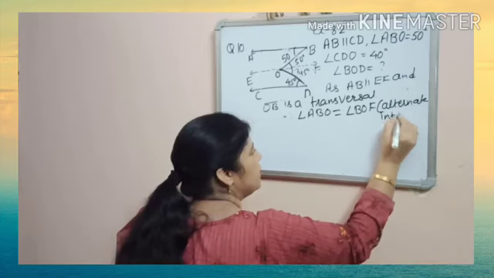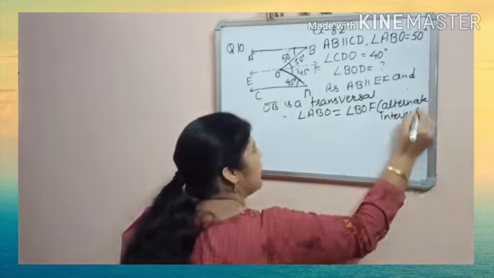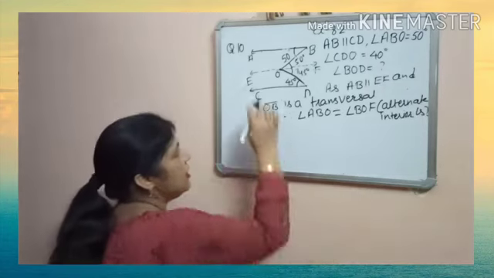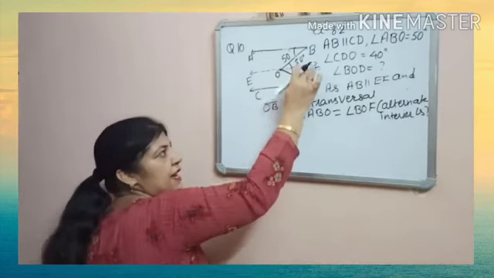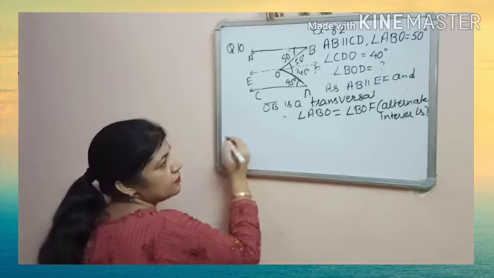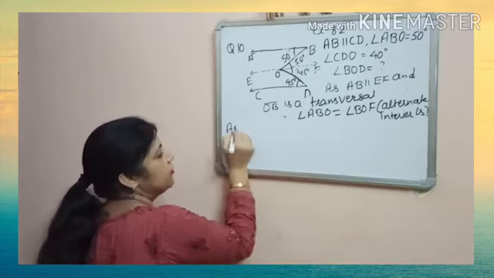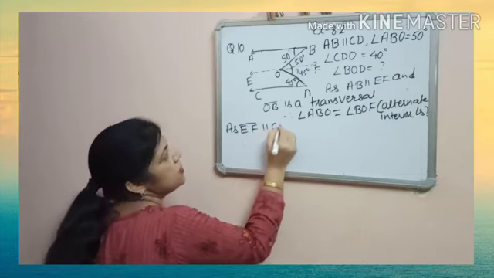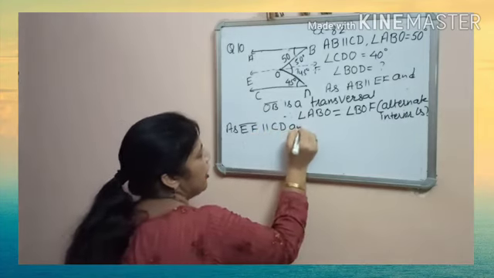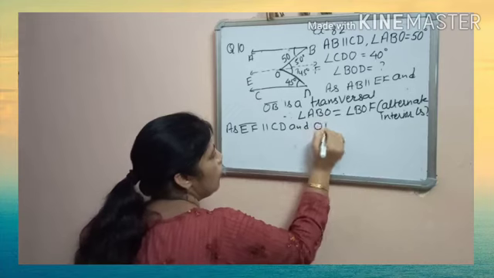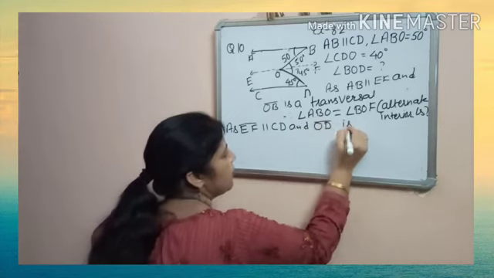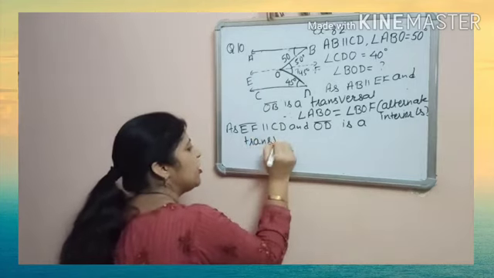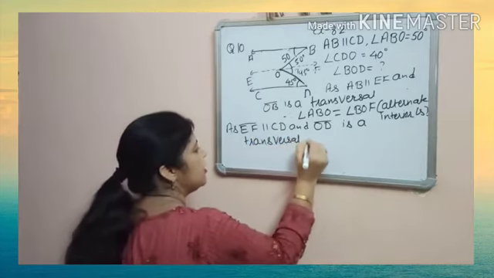Alternate interior angles. Clear? Now similarly, here EF is parallel to CD, and OD is a transversal.